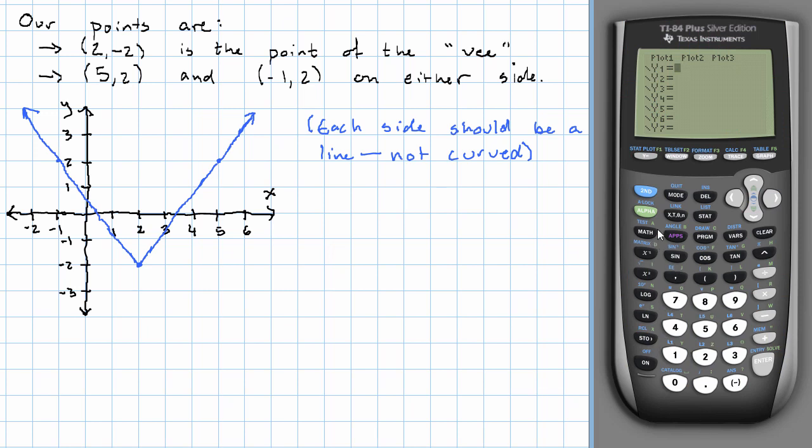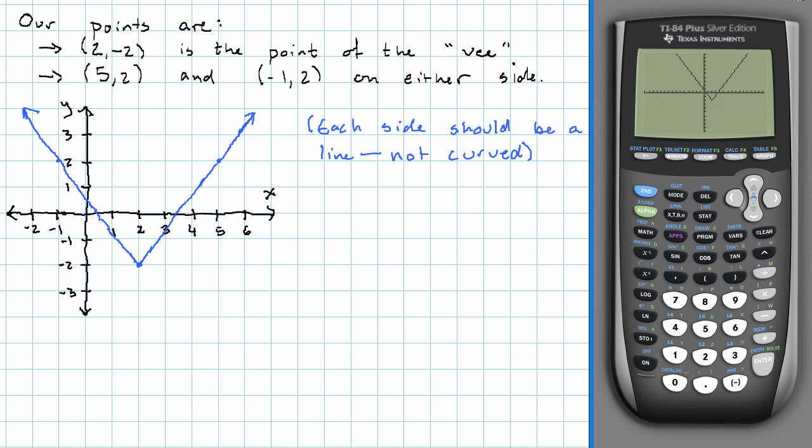We'll just enter our original function, 2/3 times the absolute value of 2x minus 4, minus 2. These axes are a little bit longer than mine were, but we can see that that looks about right.